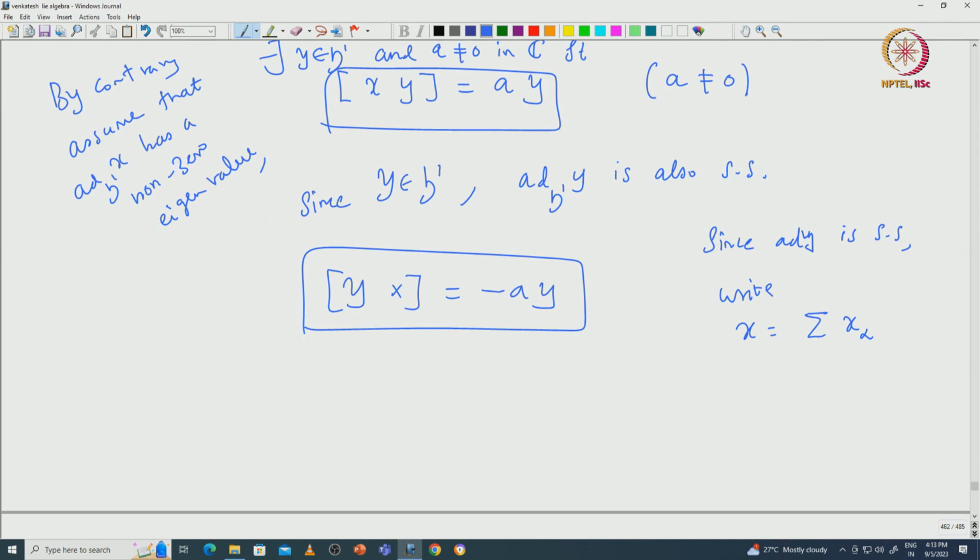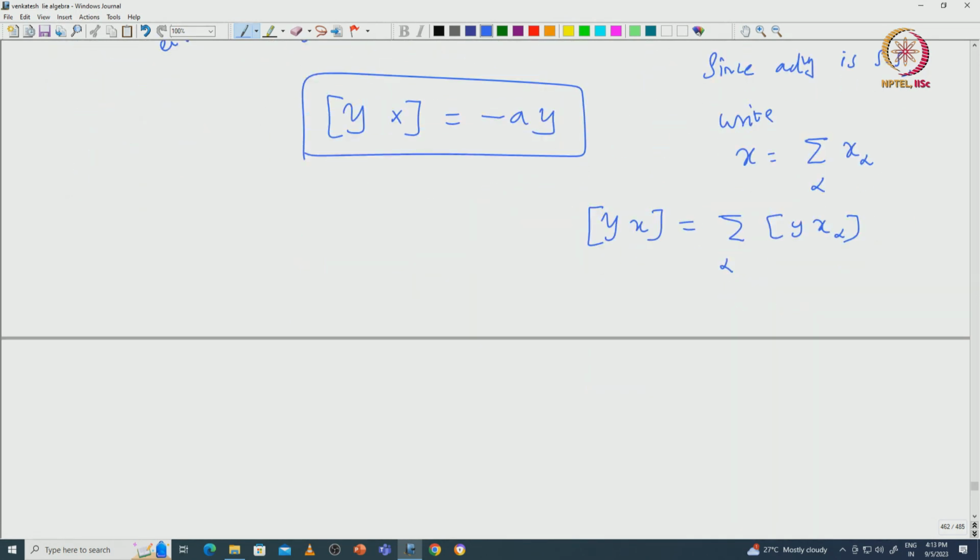In particular, if we take [y, x], then we get the summation of [y, x_alpha], where alpha runs over some complex numbers. Then you can see that x_alpha is an eigenvector corresponding to the eigenvalue alpha.